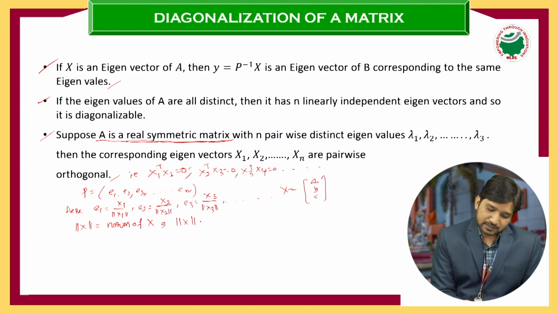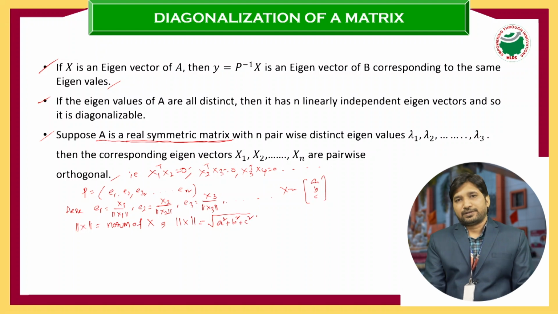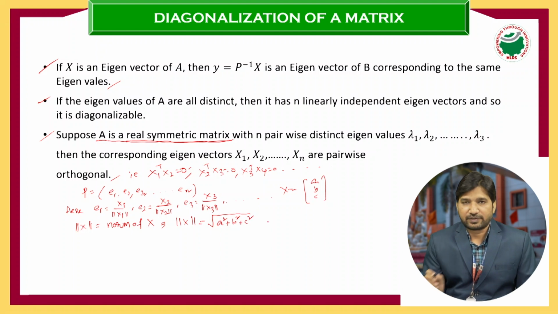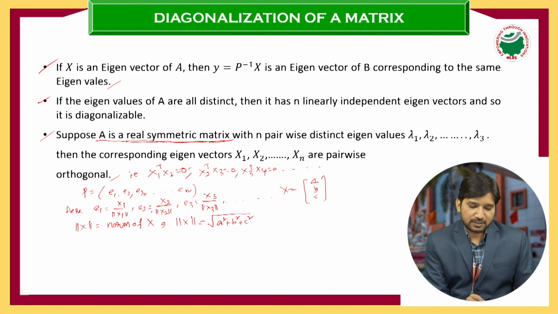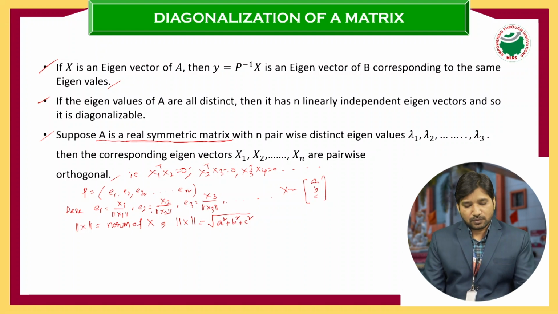Then norm of x equal to square root of a square plus b square plus c square. Okay, that is the norm of x. So here we can calculate E1, E2, E3 like this. So it is also pairwise orthogonal.